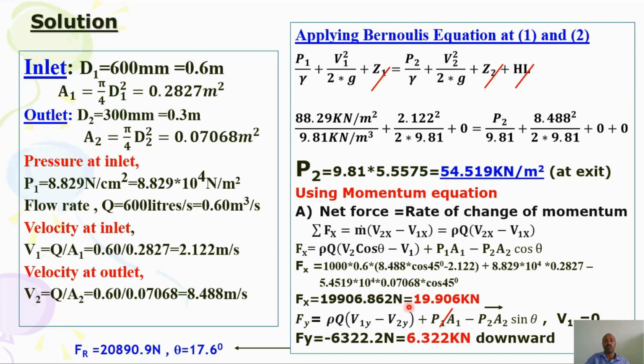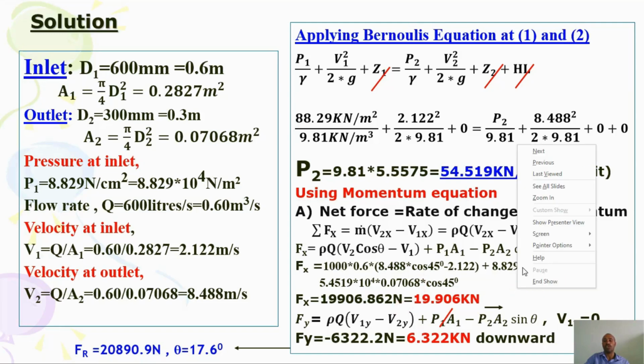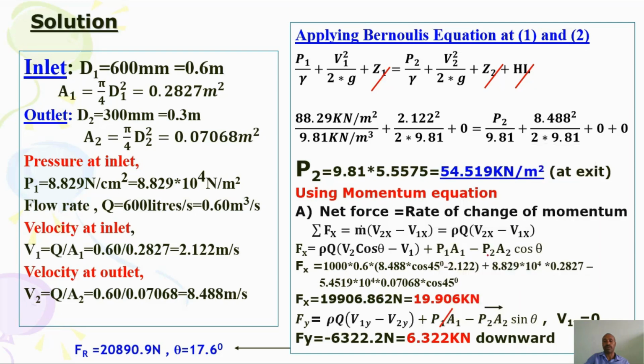Or sometimes you can use the equation gamma Q over g times this change in velocity, and you will find it in kilonewton. But now first you will find it in Newton, then you can convert into kilonewton.